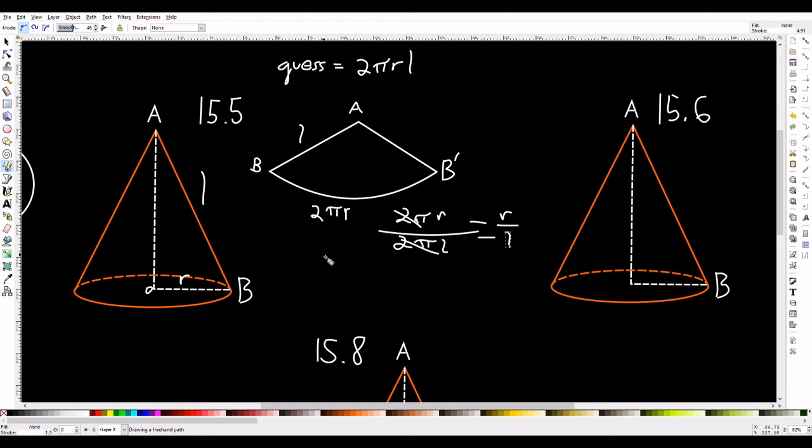So what's the area of circle A? Area of circle A is pi l squared, and then I use my ratio of the circumferences, r over l, to figure out what this sector is.